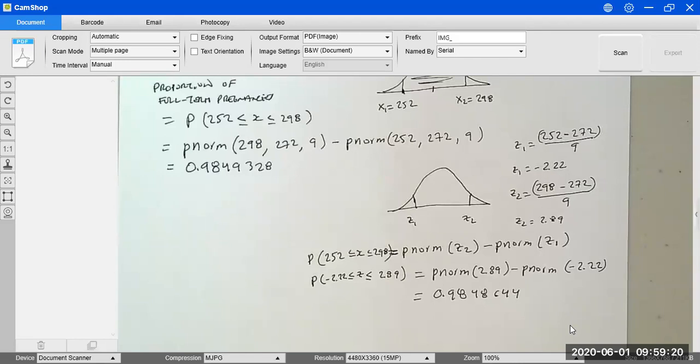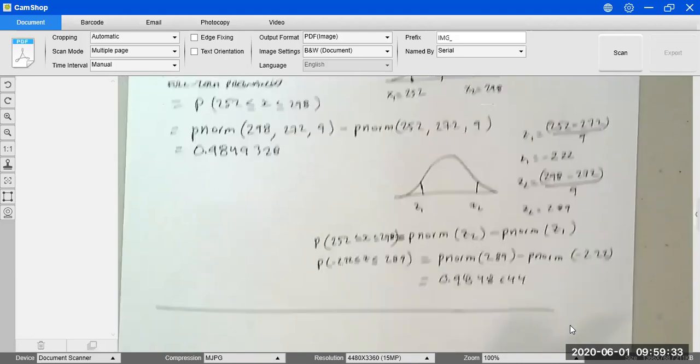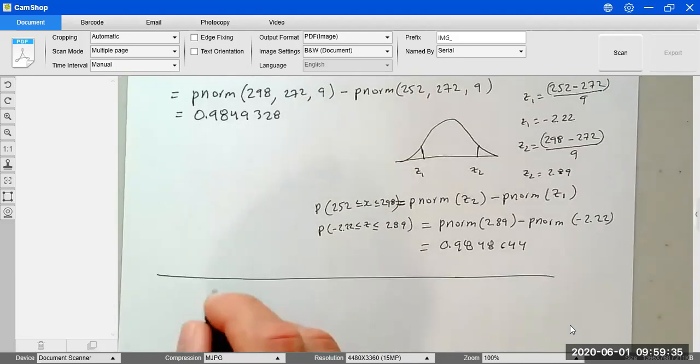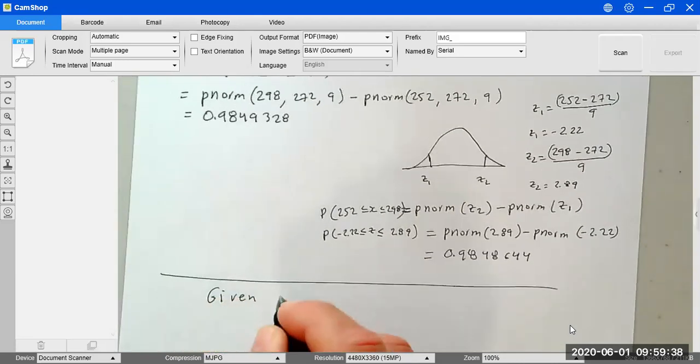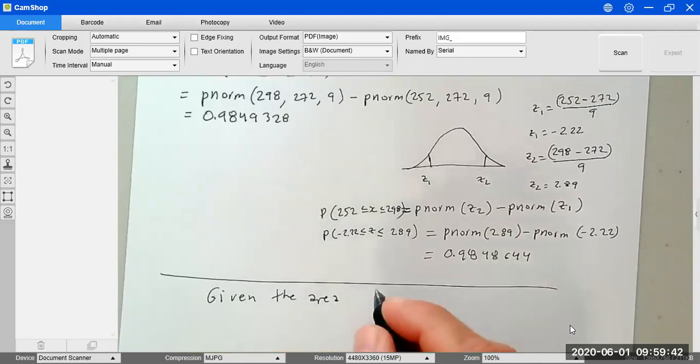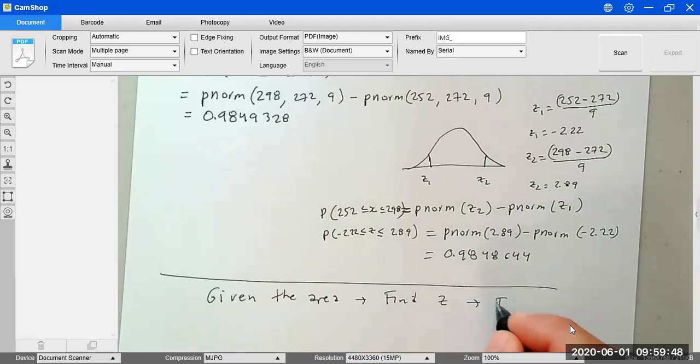So that's the second problem. Now we're going to work on the opposite case. When you are given an area, so the next problems are going to be given the area, then we find the z-score, and then we find the x value.